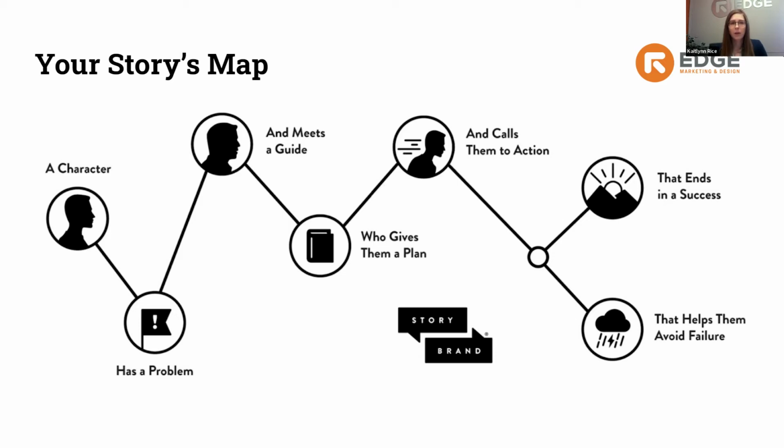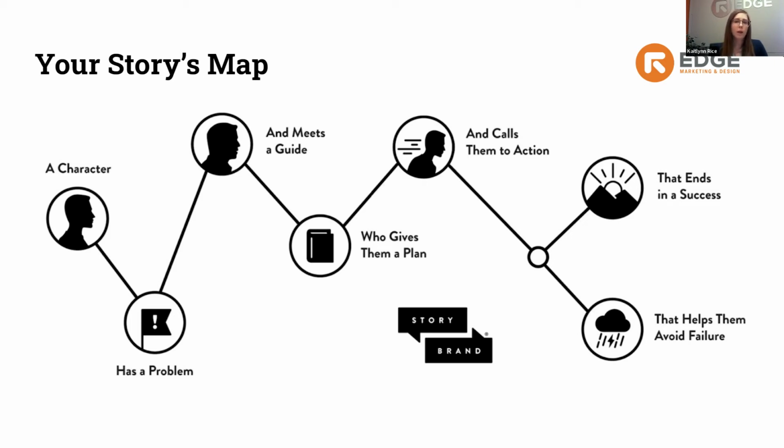Then we want to identify the problem they have. As we'll see a little later on, there are actually 3 different problems we want to identify for your customers. And as Peter said, we introduce you, your business, as the guide who gives your customer a plan. So we want to lay out how your customer is going to be doing business with you.